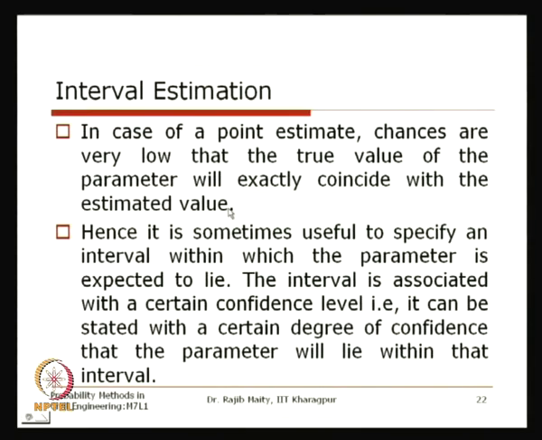As the sample is finite, there will always be some error. Hence it is sometimes desirable to specify an interval within which the parameter is expected to lie. The interval is associated with a certain confidence level, that is, it can be stated with a certain degree of confidence that the parameter will lie within that interval.